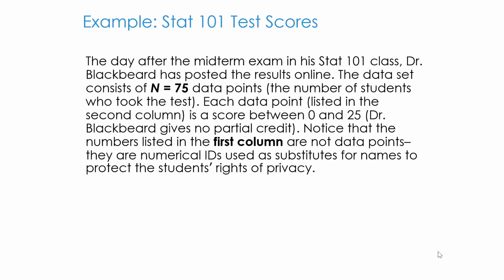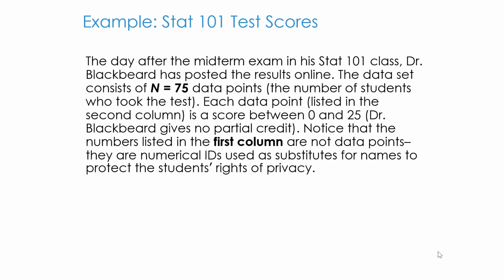Example, Stat 101 test scores. The day after the midterm exam in his Stat 101 class, Dr. Blackbeard has posted the results online. The data set consists of n equals 75, so capital N is the number of data points. It's 75 data points. The number of students who took the test.